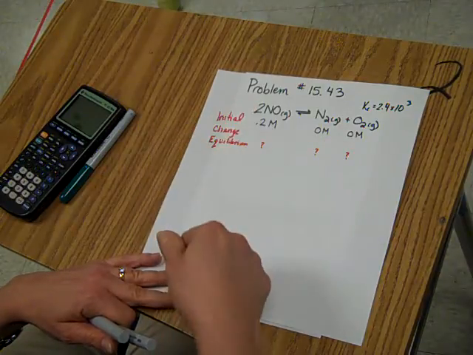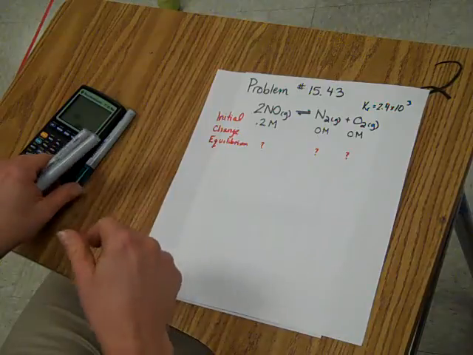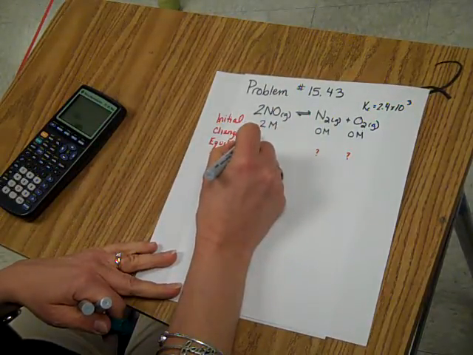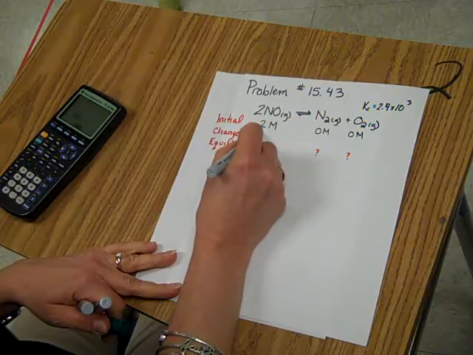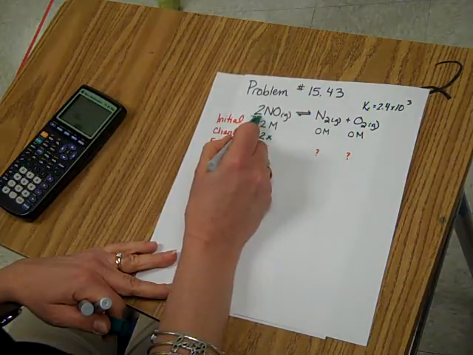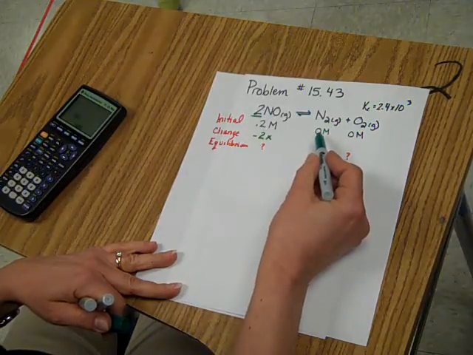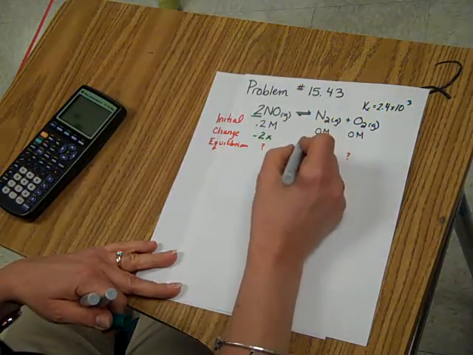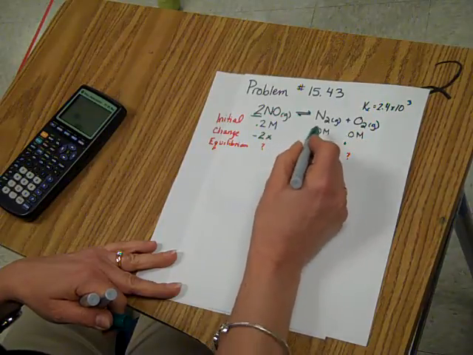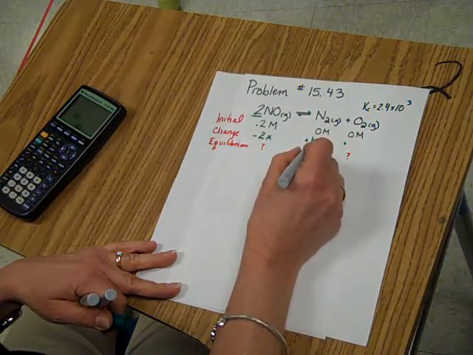So the NO is going to go down. By how much? Well, if we say that NO is going to go down by 2x, the 2 because of this coefficient right here, then we know that the nitrogen and the oxygen both have to go up, but they're going to go up by 1x.